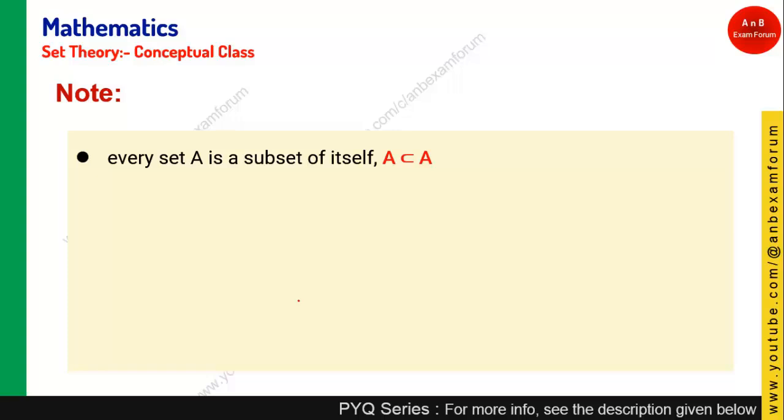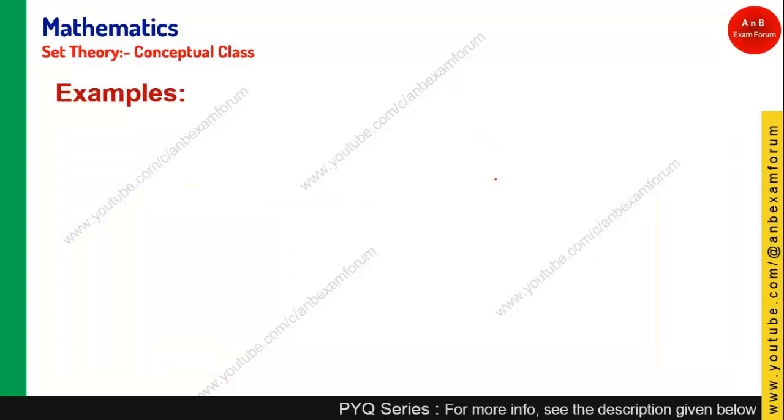Every set A is a subset of itself. Obviously, every element of set A will also belong to its own set, that is A. So A is always a subset of itself. An empty set is a subset of every set. It is true, nothing is there, so it will always be a subset of every set. Let's see the example.